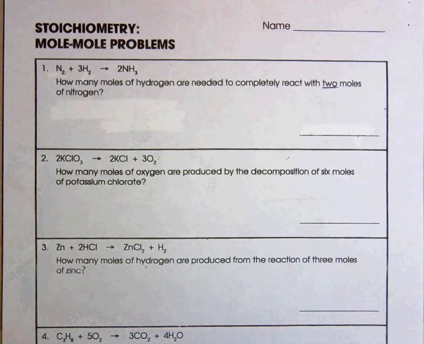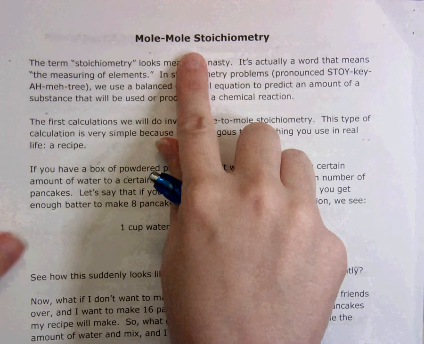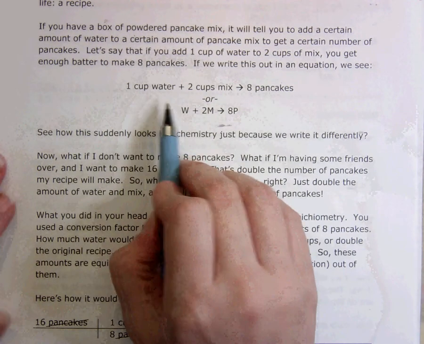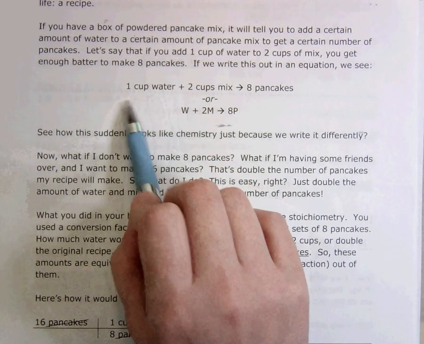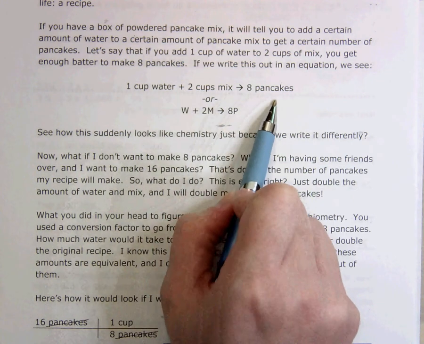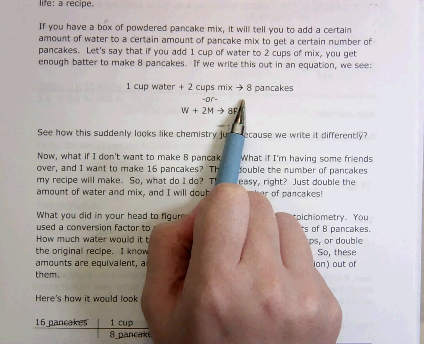Now in your reading materials there is an example that looks like a recipe, and let me show you what that looks like here. So in our mole to mole stoichiometry notes we have something that looks like a recipe, and it's a made-up recipe, but we're going to use it. It says 1 cup of water plus 2 cups of mix will yield 8 pancakes. Well, I'm not always going to want to make 8 pancakes.